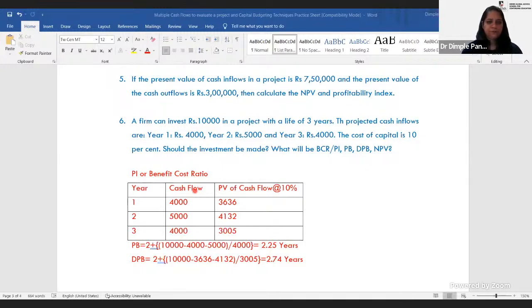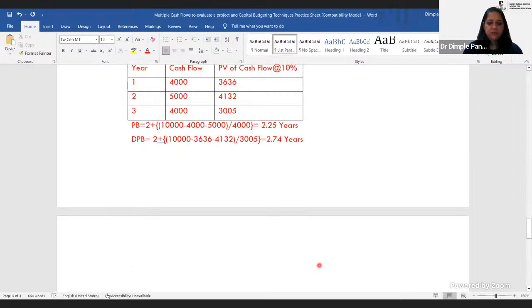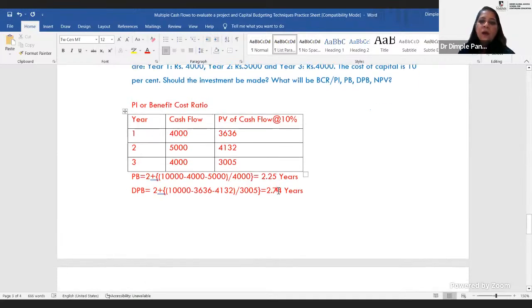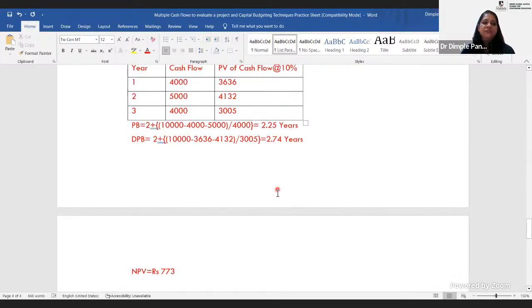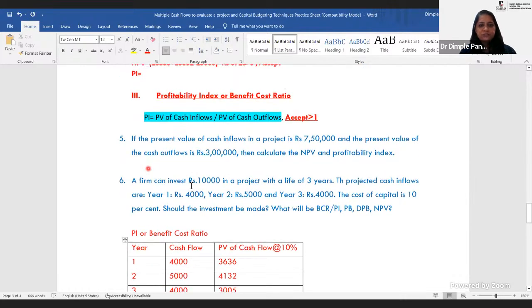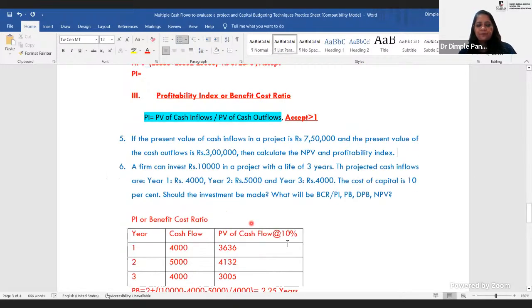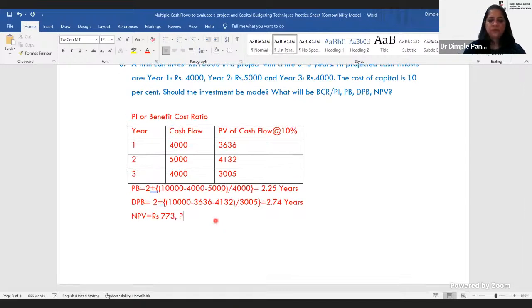Good. Rupees 773. What would you do with the project? NPV. Rupees 773. Perfect. What else are we left with? We are left with the profitability index. So what will you do with the profitability index, please? You have all the data points.